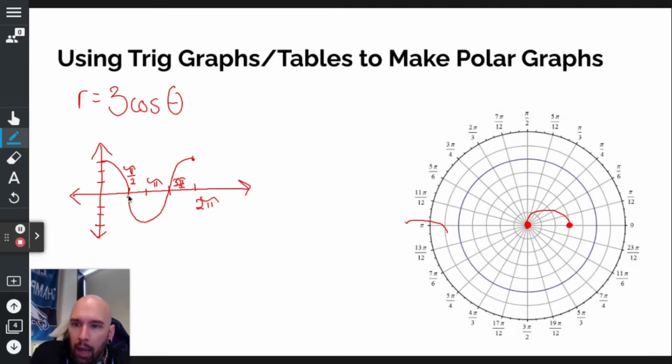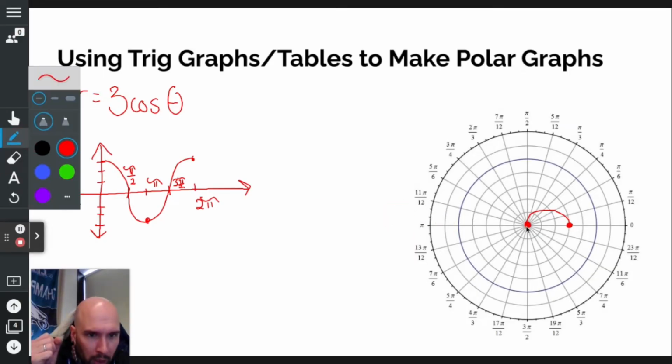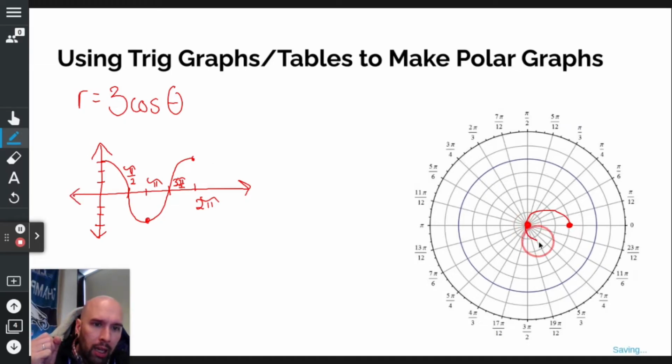As I go from pi over 2 to pi, I'm hitting -3. So pi is -3. If pi is -3, usually regular 3 would be over 1, 2, 3 right here, but if it's -3, it's over there. So I'm literally creating a circle again.